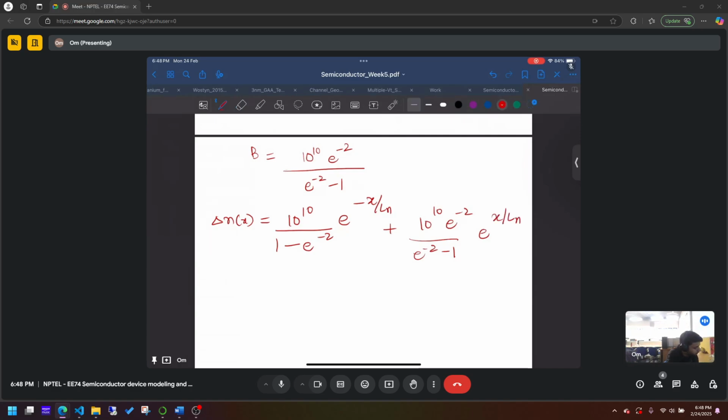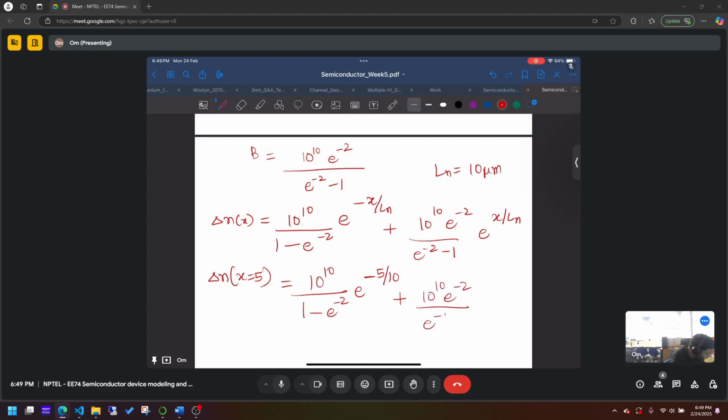This is the final equation, but we have to find delta n at x equals 5 micrometer, which will be 10 to the power 10 upon 1 minus e to the power minus 2, times e to the power minus 5 by 10, with Ln as 10 micrometer, plus 10 to the power 10 e to the power minus 2 upon e to the power minus 2 minus 1, times e to the power 5 by 10.